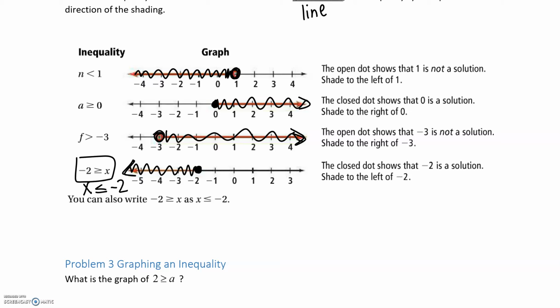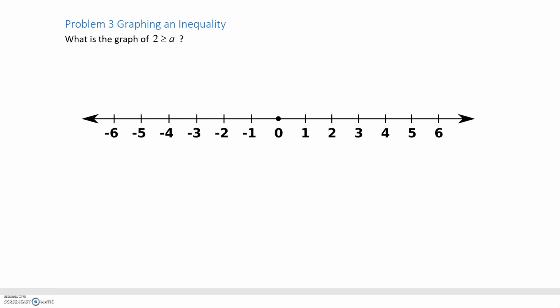Okay, so when we're graphing an inequality, the first thing I want you to do always is to make sure that your variable is on the left side, meaning your variable always needs to come first. So this says 2 is greater than or equal to a. We are going to switch this around. We're going to reverse everything, which means we're going to have a, we're going to reverse the sign, is less than or equal to 2.